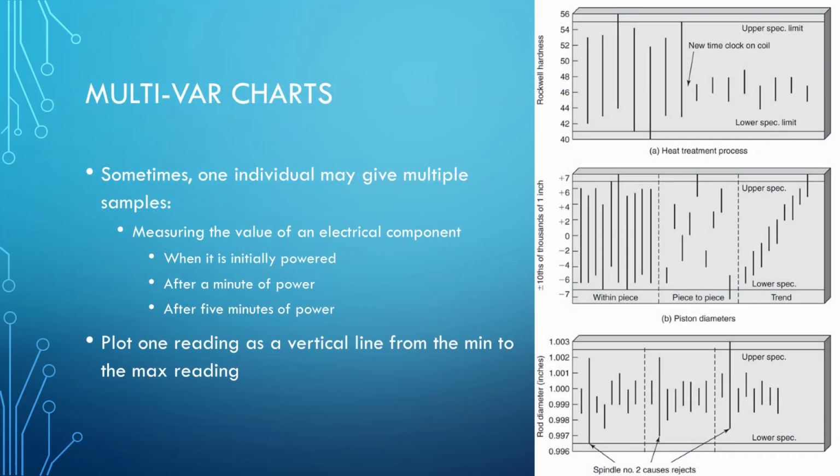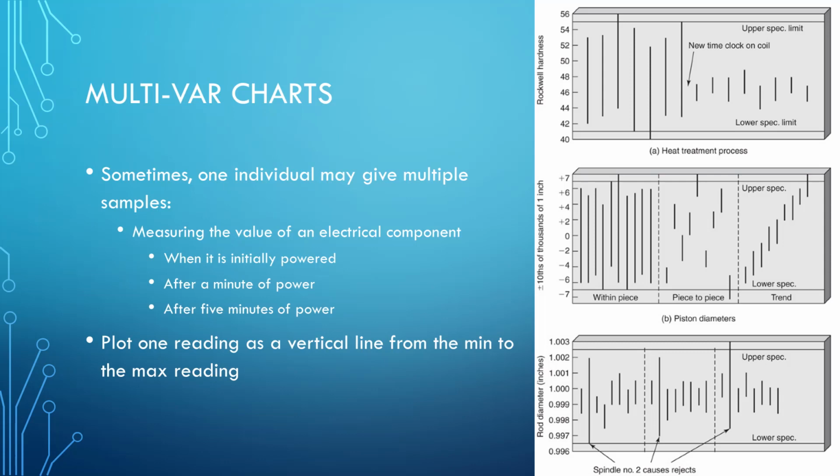So sometimes one individual may give multiple samples. We may want to test a component and see how its behavior varies over a period of time. Or we may have a cylindrical rod and want to be able to test its width at a variety of different points. In these cases, a multivariable chart might be useful.